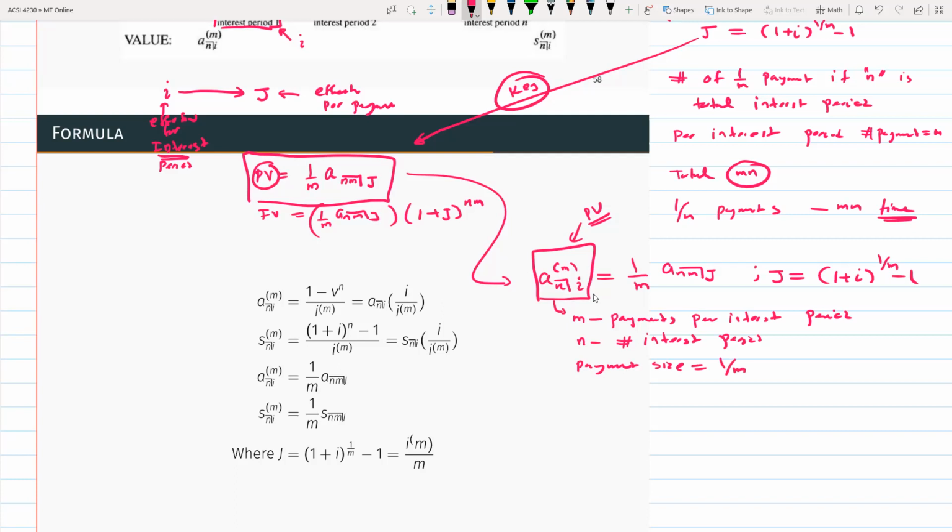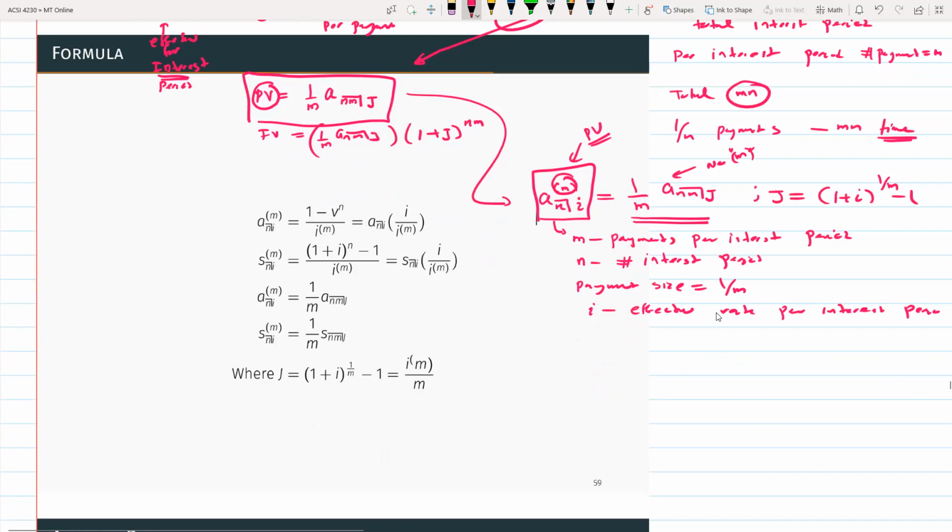Usually it's $1, but when we use this symbol, it's going to be 1 over m. And i is the effective rate per interest period. So everything is hidden in that symbol. Here you don't have m in this symbol, so don't write that up. The value is the same.